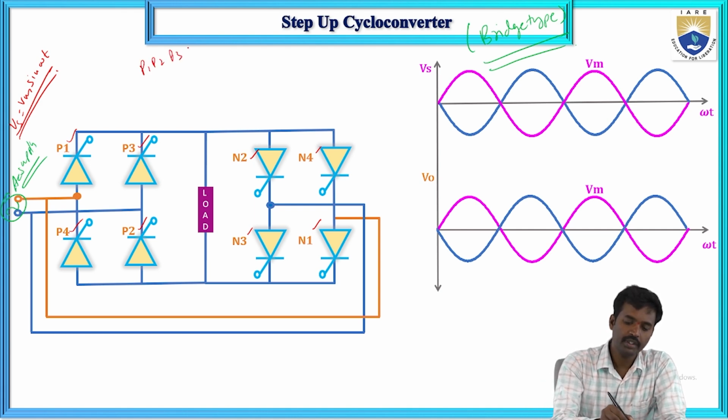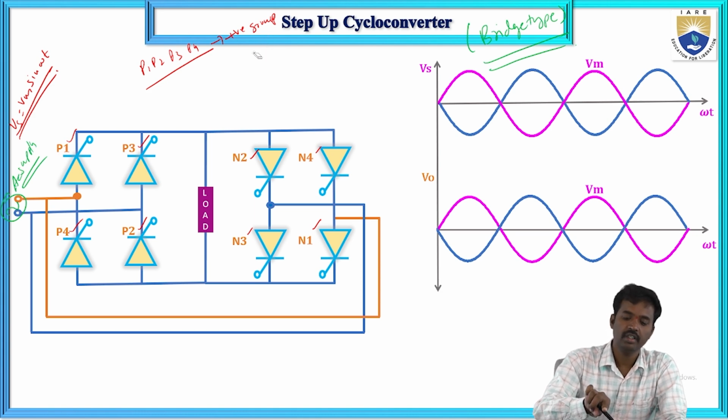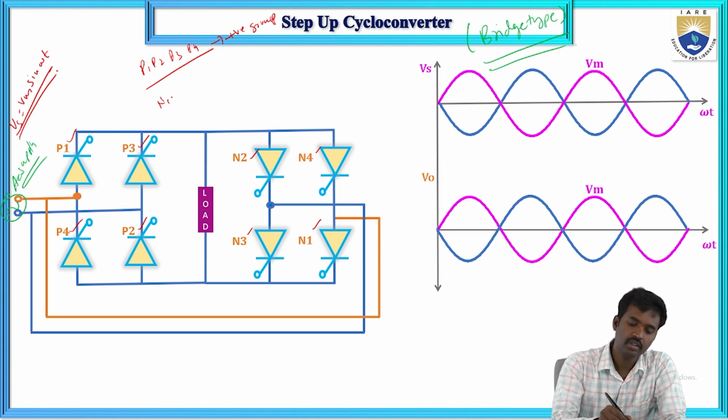Here P1, P2, P3 and P4 are the positive group switches. And next, N1, N2, N3, N4 are the negative group switches.